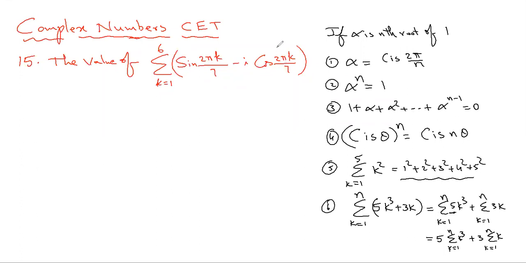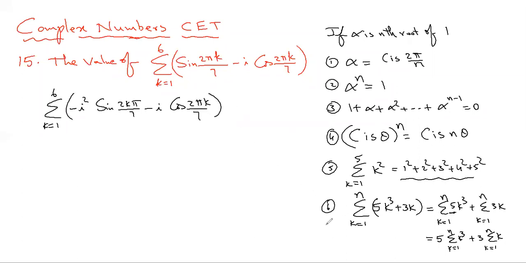But instead, in this case, I write the summation of k equal to 1 to 6 of minus I square into sin 2k pi by 7 minus I into cos 2k pi by 7.